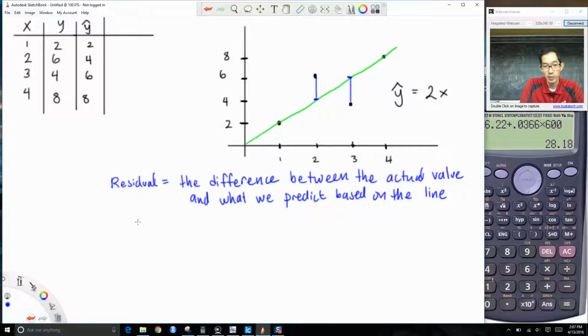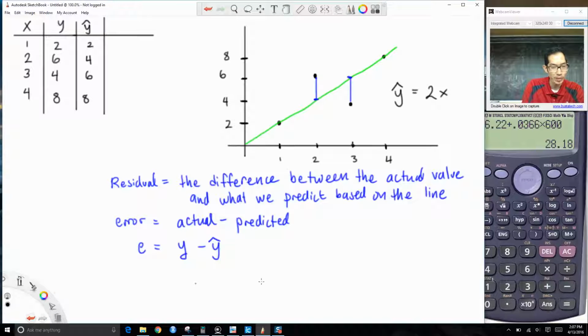We might define this concept of error as actual minus predicted, or e as the difference between y minus y hat. Now the book doesn't really get into this, but I think it's an important part of linear regression, and that's why I cover it in class here.